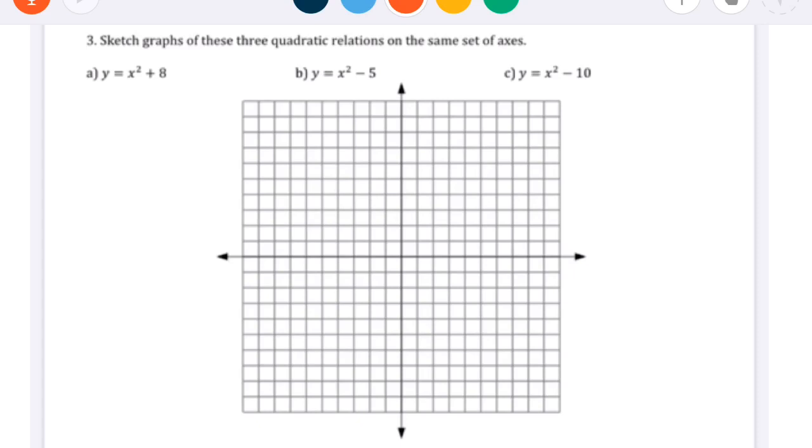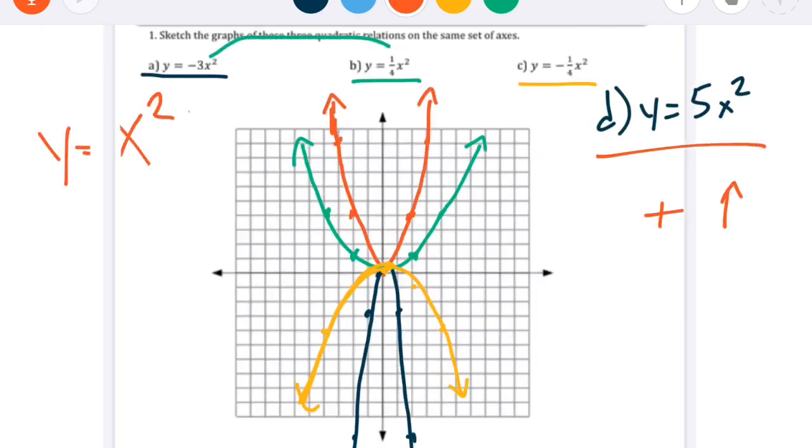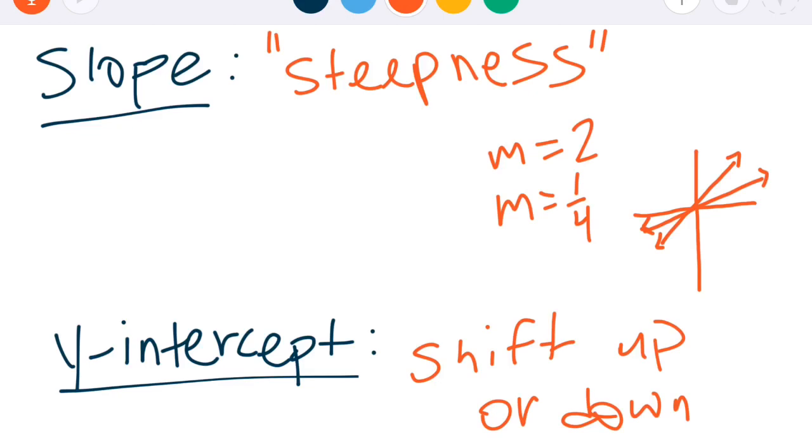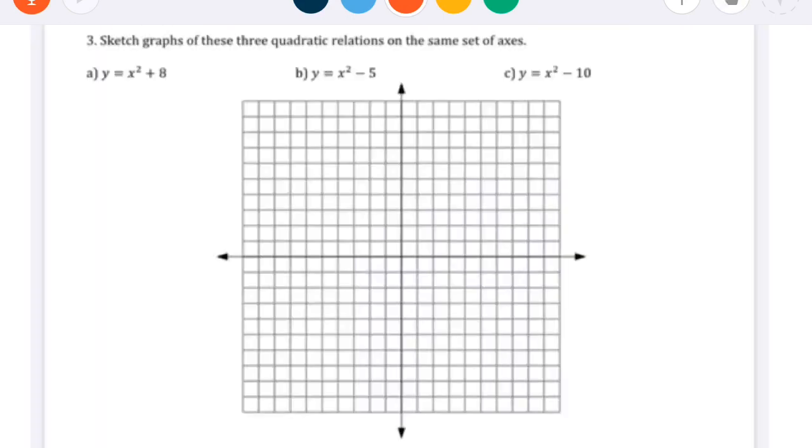So the y-intercept, if we go back a couple of slides, is going to tell us whether it's shifting up or down. So remember, the y-intercept is where something crosses the y-axis. So if we were to graph our parent function, just a quick rough sketch of the parent function, our y-intercept is 0.